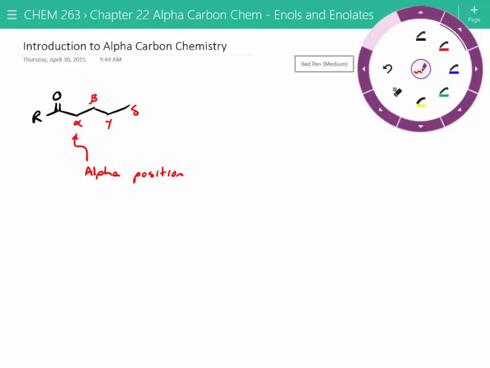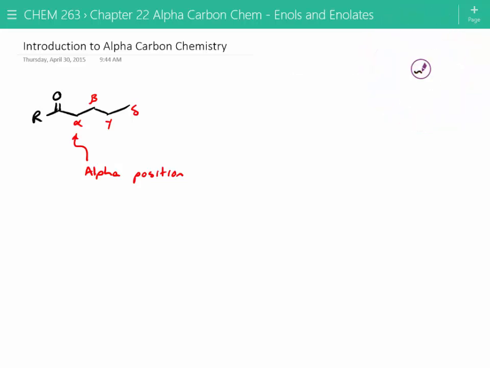And the unique thing with protons in the alpha position is their pKa. So the pKa of an alpha proton is about 20. I'm just going to ballpark it.